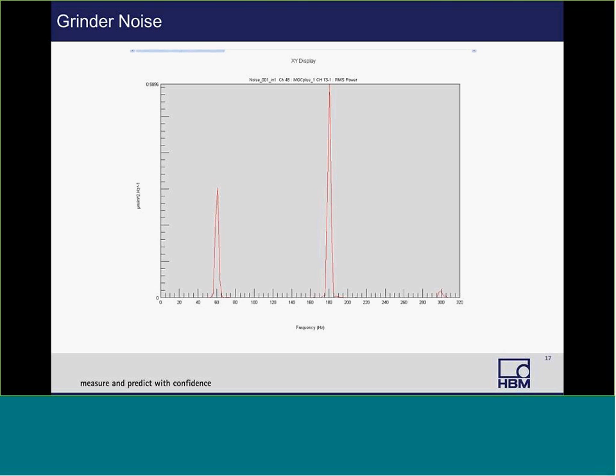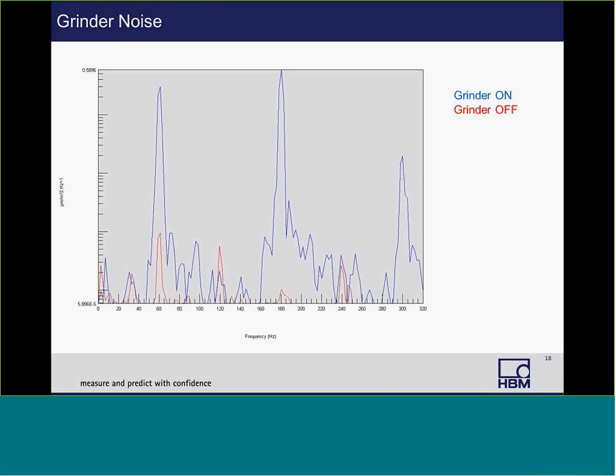And I don't know too much about the specifics of the grinder itself and what it would create, but the key point here is the magnitude of the Y scale now is orders of magnitude higher. And to simplify the comparison, I plotted the two FFTs against each other.